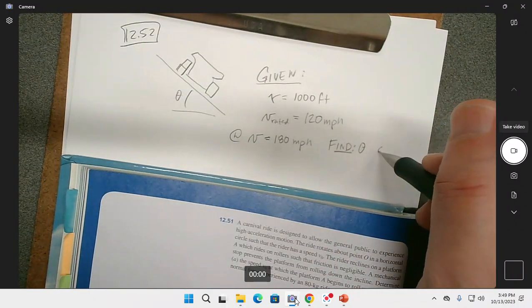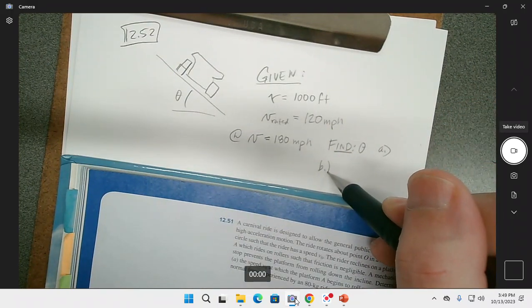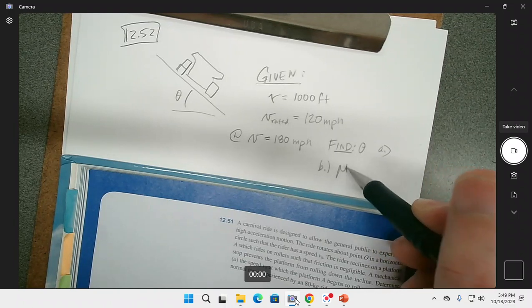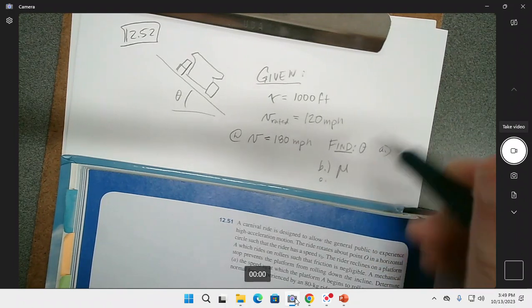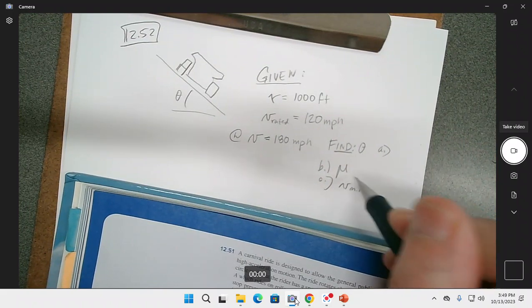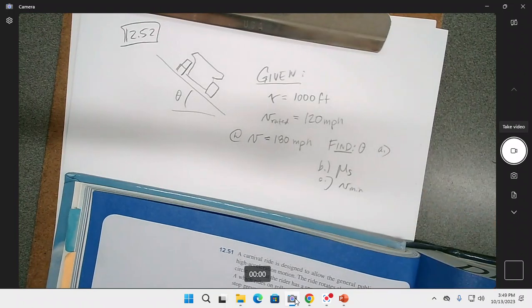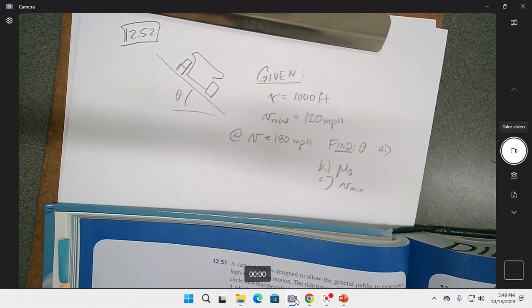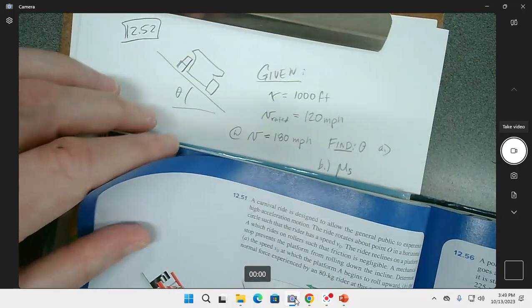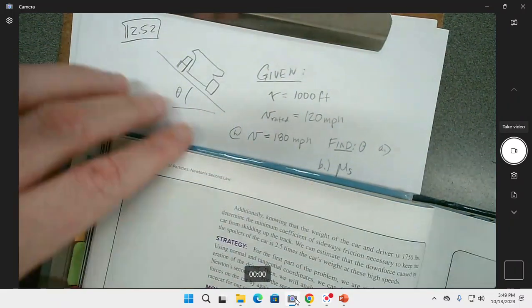So that's A. I should have written it a different way. B is find that, and then find V min. And this is the static coefficient. Right, so look at the static. And just a reminder, we want to take a look at the definition of the rated speed.